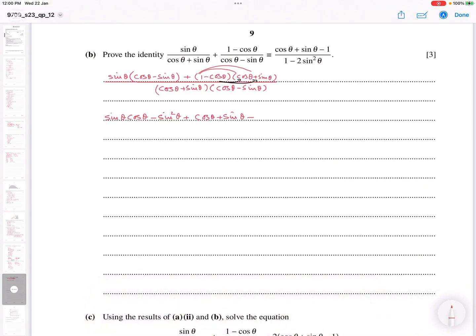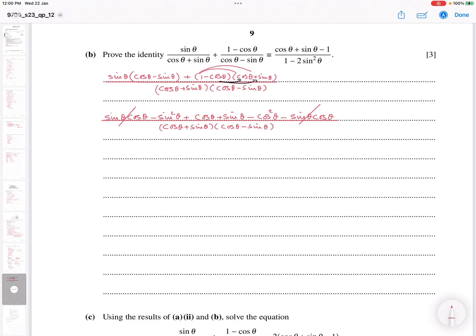So minus cos square theta minus sin theta cos theta, whole over cos theta plus sin theta times cos theta minus sin theta. So these two will be cancelled.